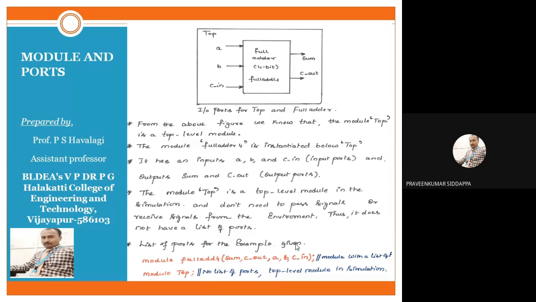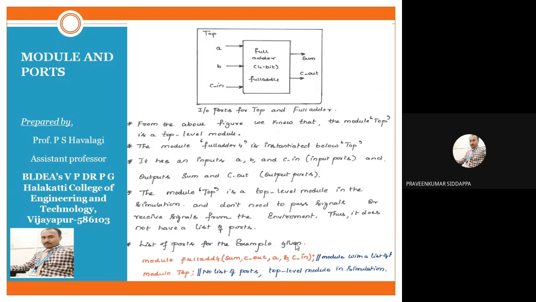From the above figure, we know that the model top is a top-level model. Because of that, we have called it top. The model full adder 4 is instantiated below top. First we have taken a top-level model, and within that top-level model we have invoked full adder 4.